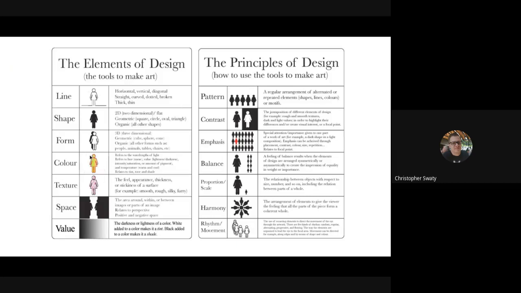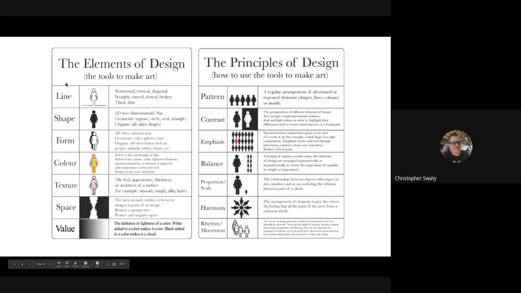Color is the big one because this is our first kind of foray into color this year. So you want to make sure that you're carrying those colors from your first image into your next one. Space and value. Since I really like shading on mine, I played around with shading a lot.